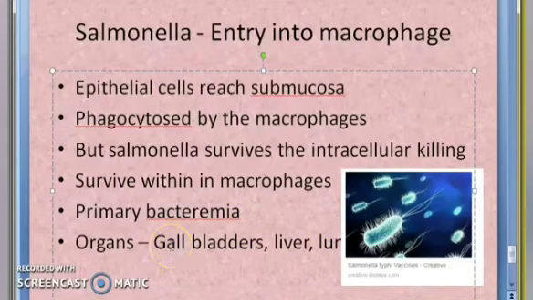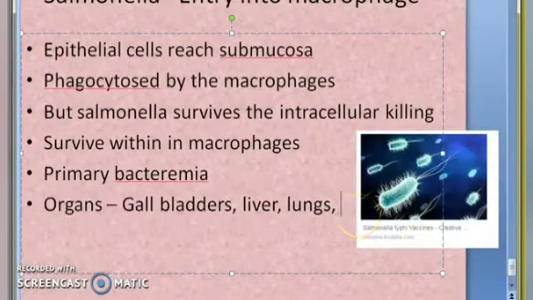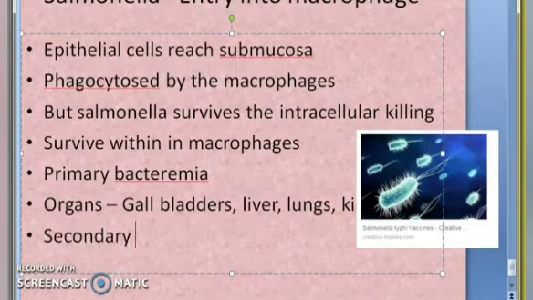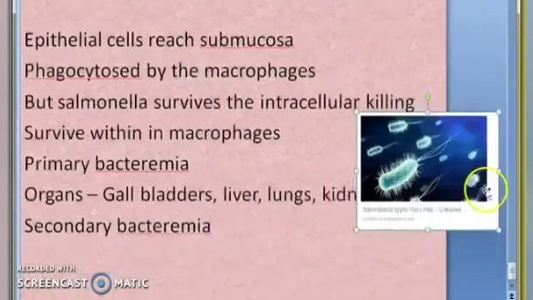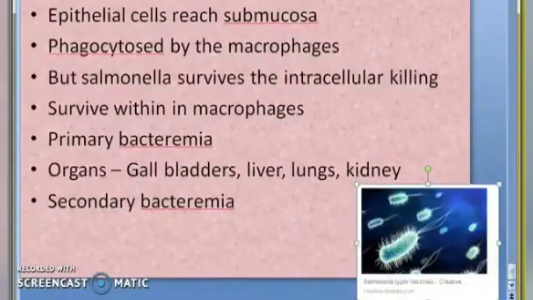It goes to all these places. Okay, and then it causes secondary bacteremia. Okay, is this much clear to all of you? Very good.